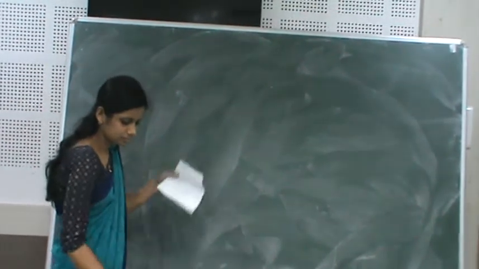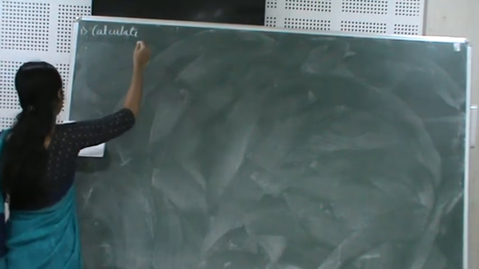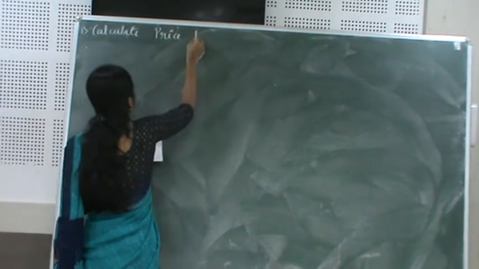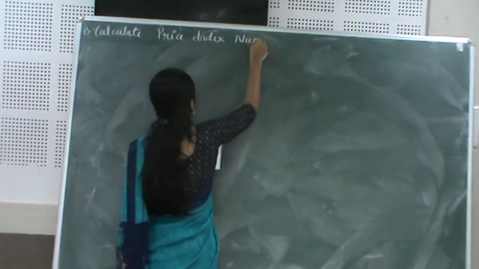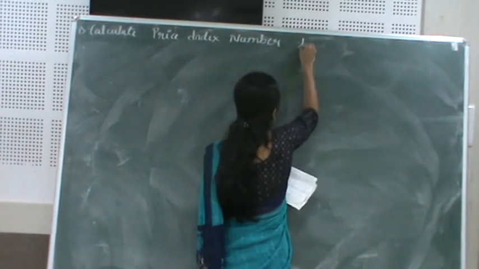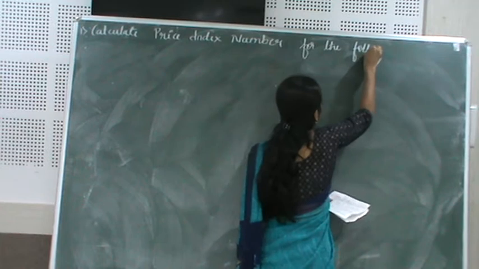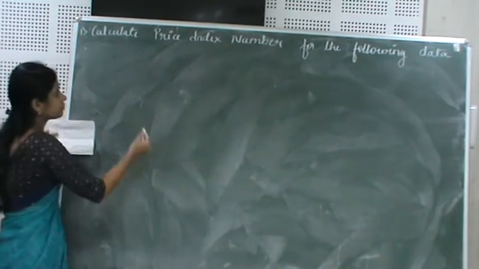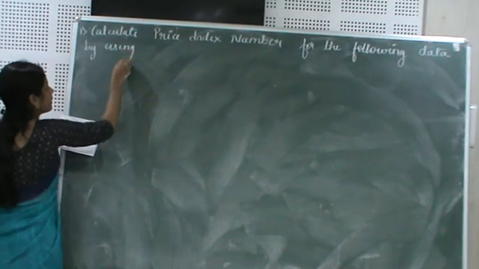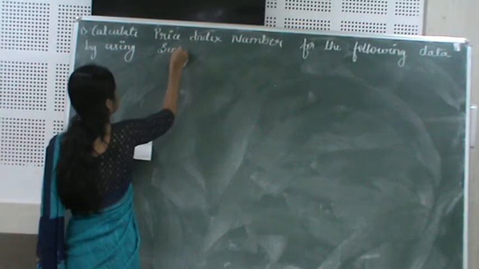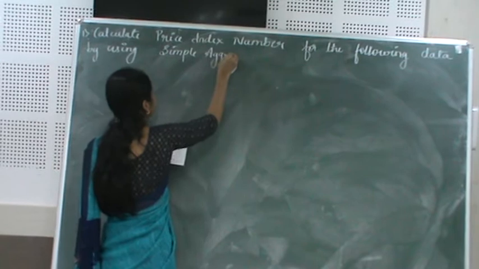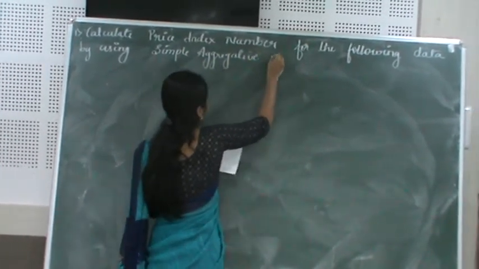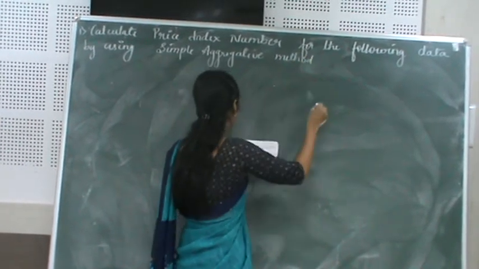So the first problem is: calculate price index number for the following data by using simple aggregative method, and comment on the result.